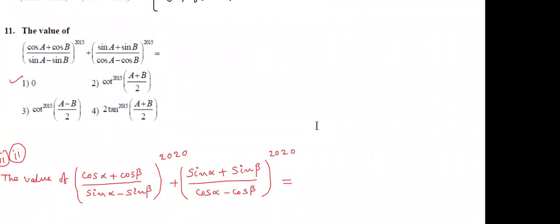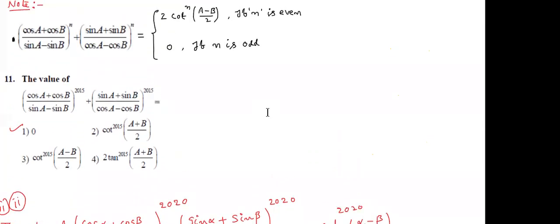But here, in place of A and B, they have given alpha and beta. So finally, what is the answer, students? 2 cot power 2020 of (alpha minus beta) by 2 is the answer. If the power is odd, the answer is 0. If the power is even, remember it.